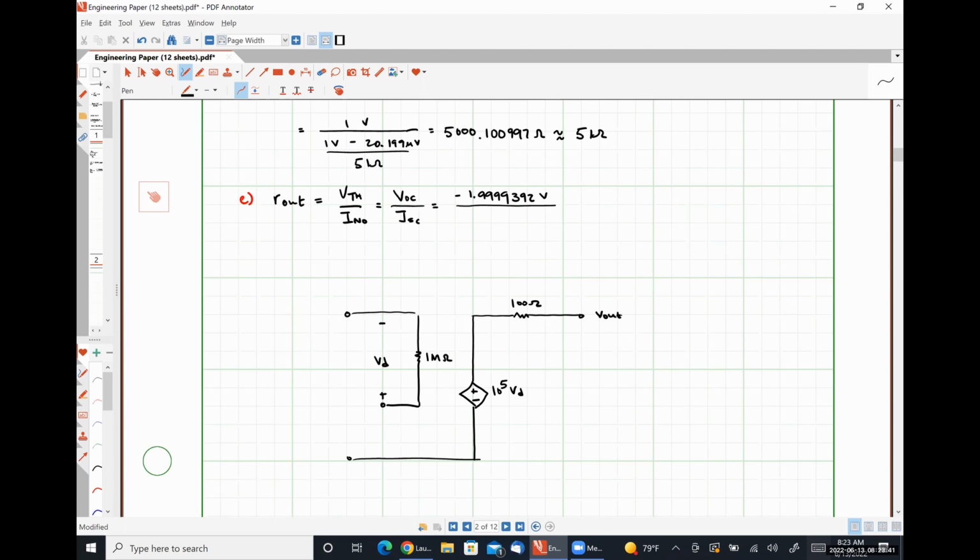Here's our output terminal V out. My non-inverting input voltage is still at 0. Inverting terminal, we have that 5 kilo ohm resistor in series with our 1 volt source. And then we have our feedback loop.